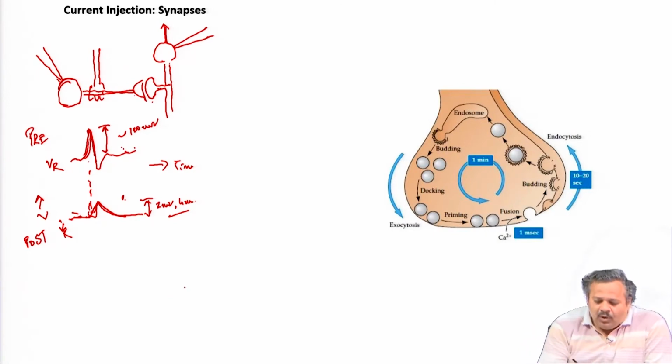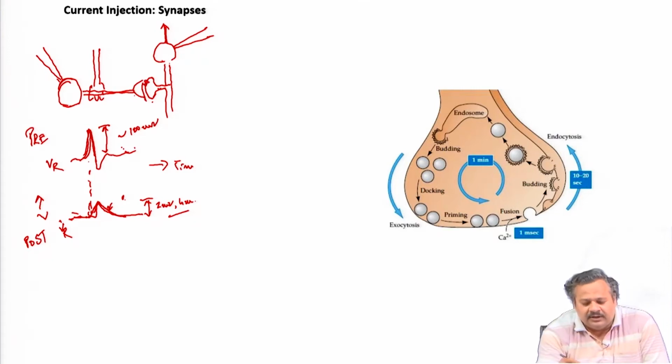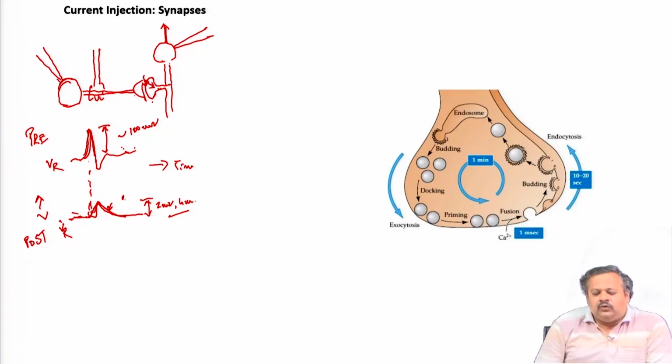So, what this is reflecting is that because of the receptors here, the ion channel receptors of the neurotransmitters, which are ion channels, there is current flow into the postsynaptic neuron, and that depolarizes the postsynaptic neuron.